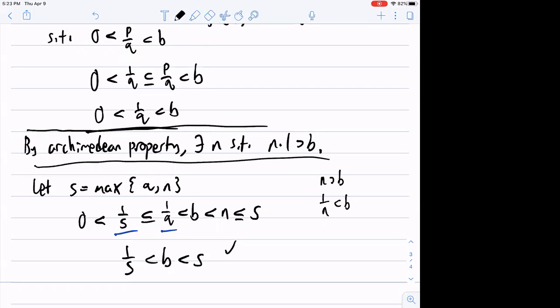For example, if B was like a half, then 3 is bigger than a half. If n is 3, then 3 is bigger than a half, but 1 over, oh, I guess this is a bad example. Take B to be 1/4. Then 3 is bigger than a fourth, but 1 over 3 is not less than 1 over 4, right?